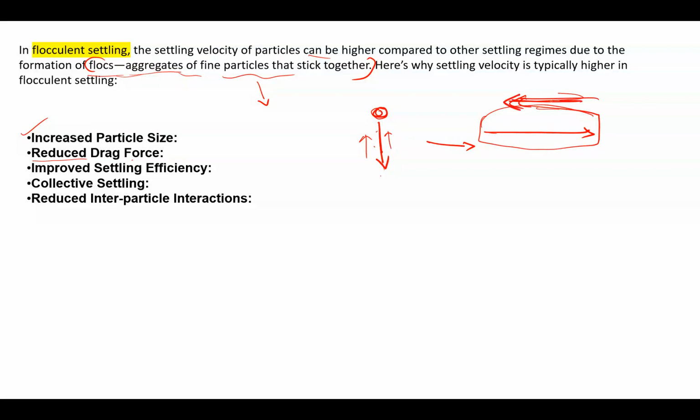You know this drag force, right? So here the drag force will be less, with improved settling efficiency and collective settling, and reduced interparticle interaction. Because of the large particle size, it will settle down quickly with higher velocity and reduced drag force. It will come down faster compared to other types of settling. This flocculant settling has higher settling velocity.